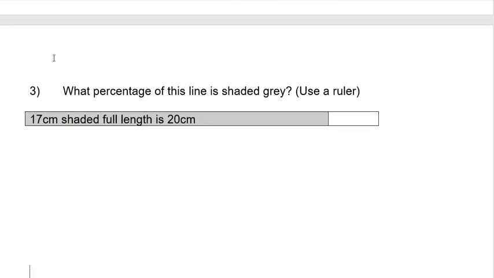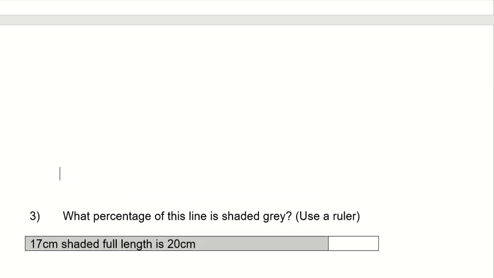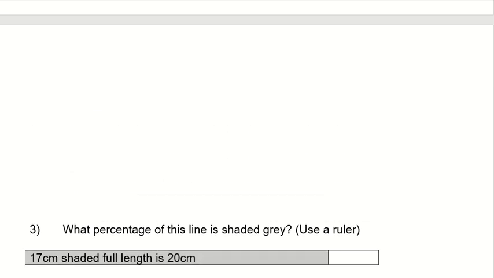Now, before I move on, some of you might be wondering, why are we using fractions to start off with? If you remember from a few lessons back, we can actually convert from fractions to decimals and decimals to percentages.